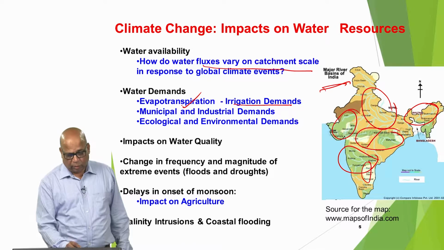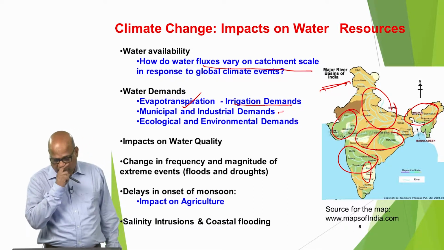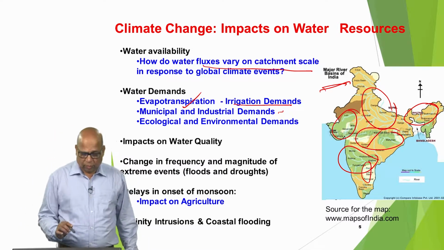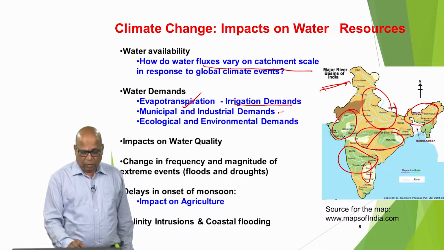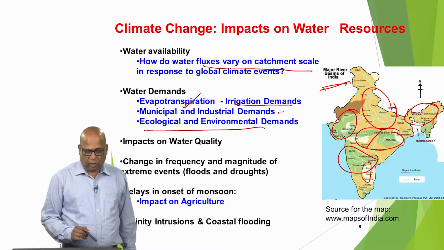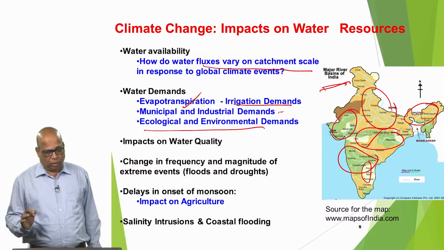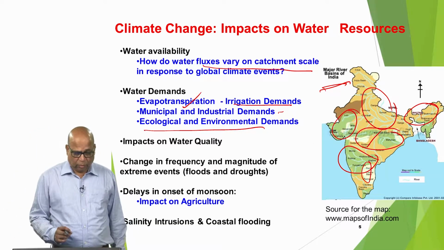So, we need to look at that. Then municipal and industrial demands because of rising temperatures and other climate change related issues. Then we also need to look at ecological and environmental demands, whether they are going to increase because of climate change and so on.